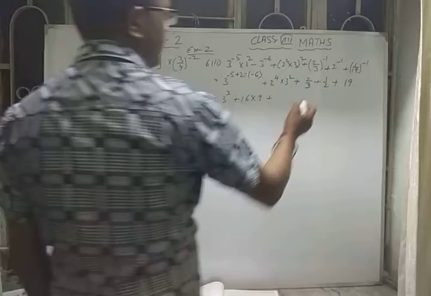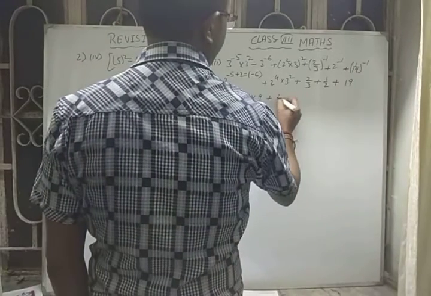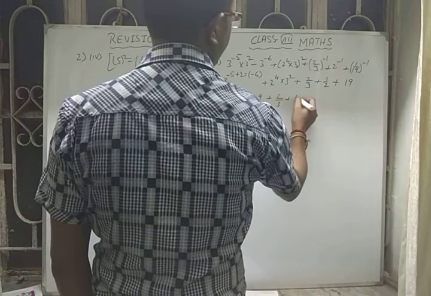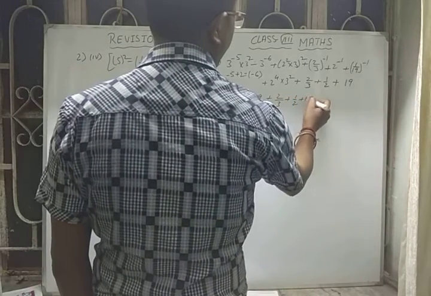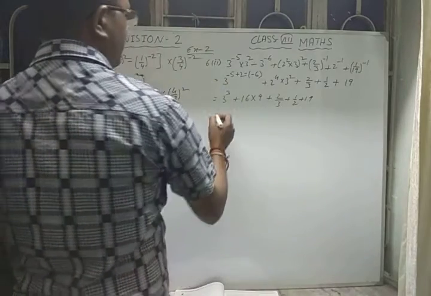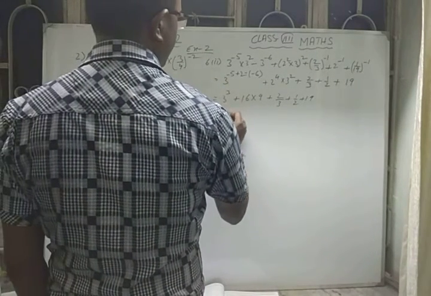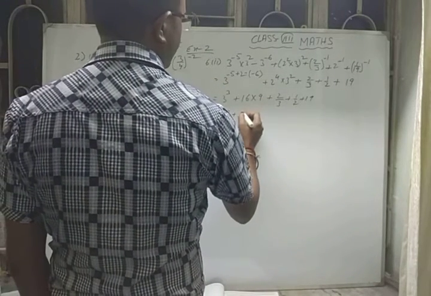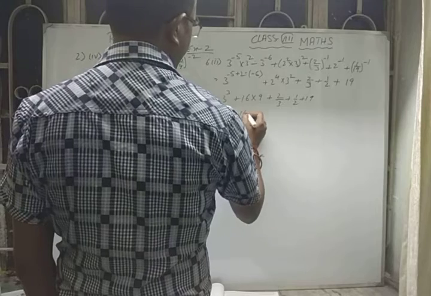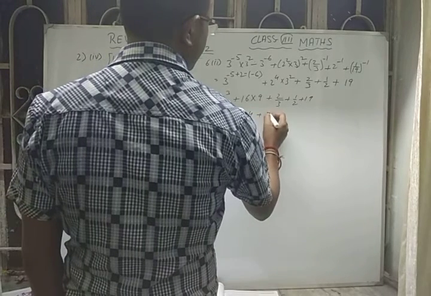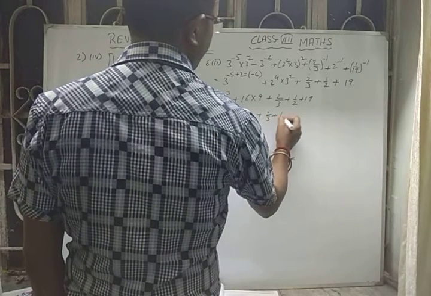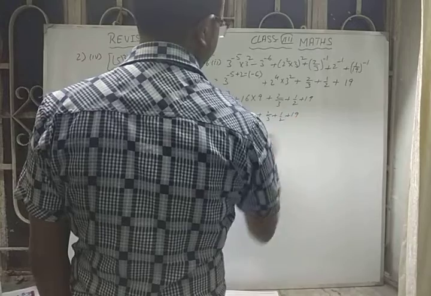Now you can take the LCM over here, so we will do that in the last. 1 by 2 plus 19. Now you multiply them, it will become 27 plus 16 9s are 144, plus 2 by 3 plus 1 by 2 plus 19.